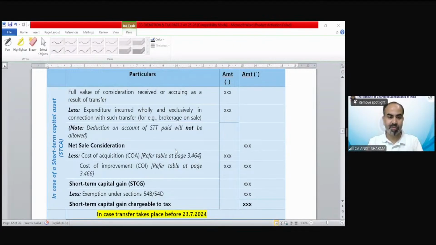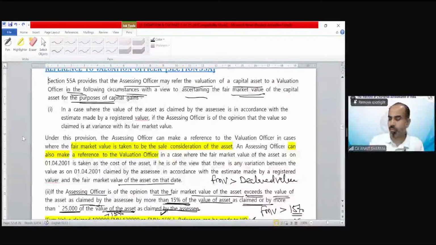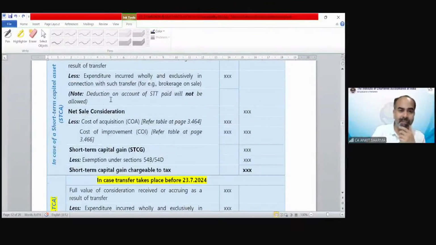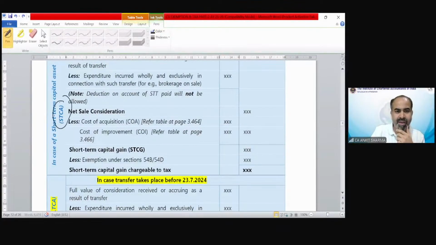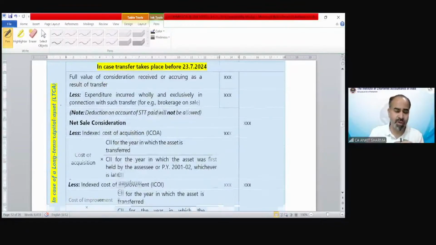You can see, first the concept is explaining how to calculate short-term capital gain. You have seen that we have gone through the concept of short-term capital gain, how to calculate it without cost of acquisition and without indexed cost of acquisition.